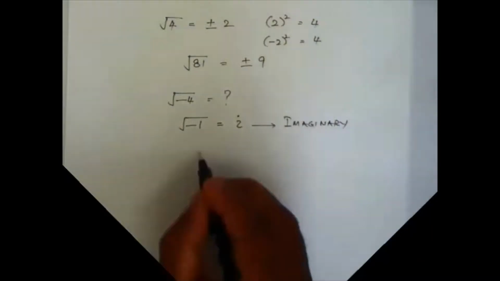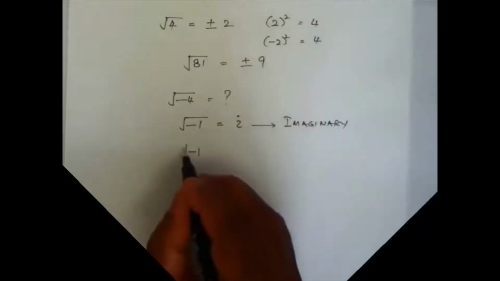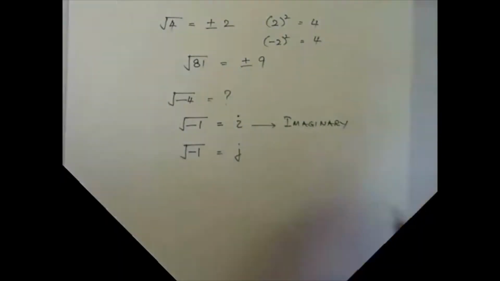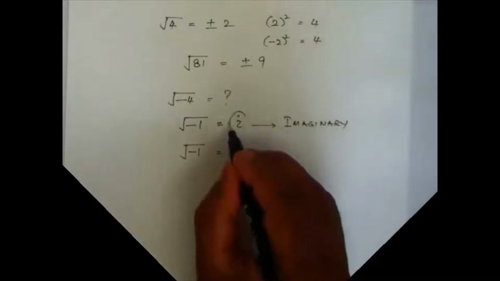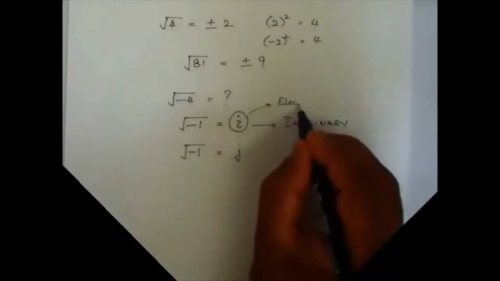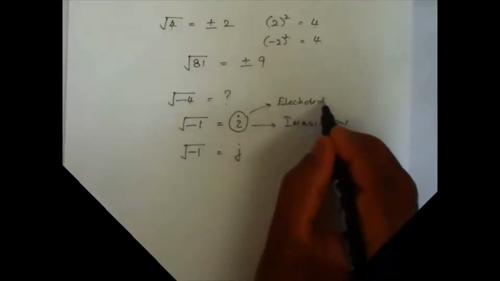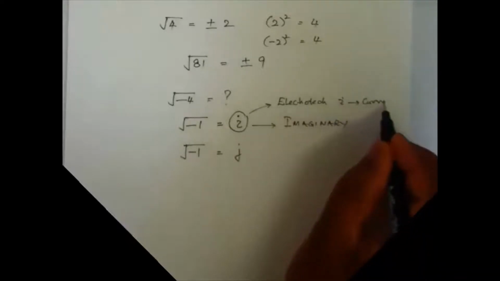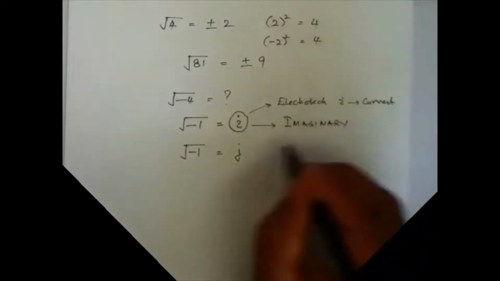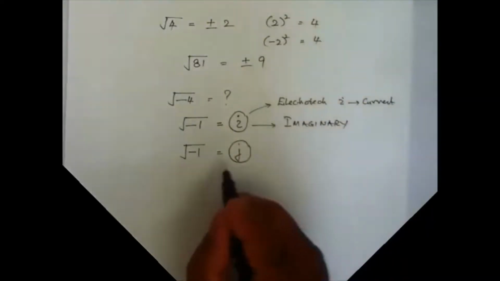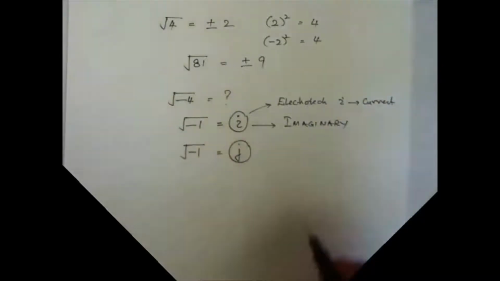But later we define this as j, because we didn't want to mix this i with the i that we use in electrotechnology. In electrotech, we use i for current. So we didn't want to mix it with the current, so we use j instead, because it's easy.